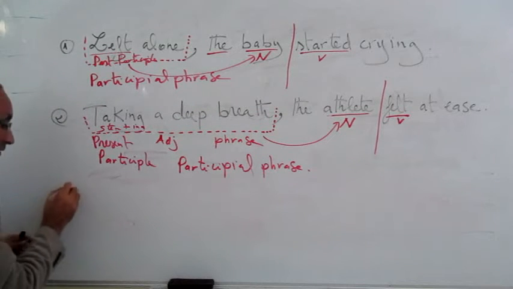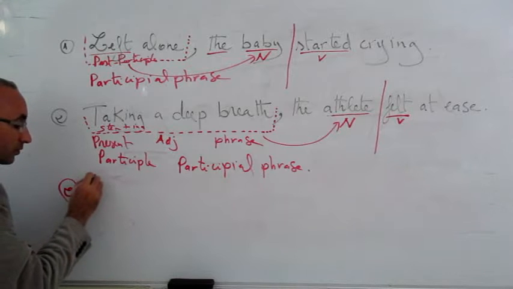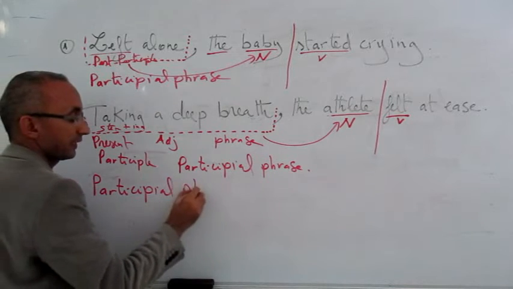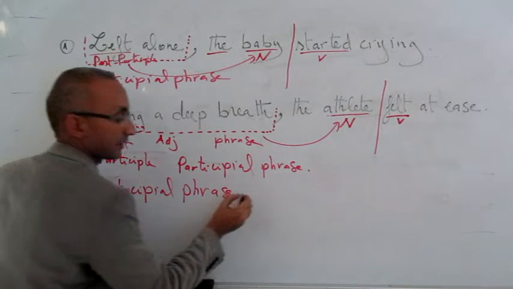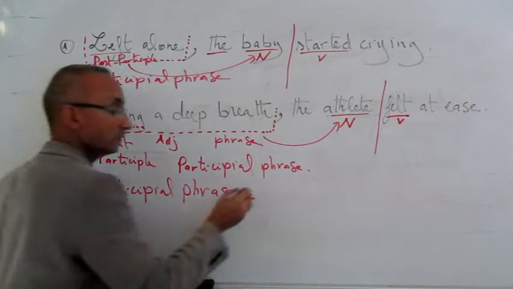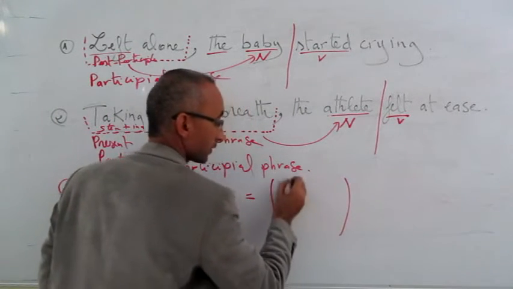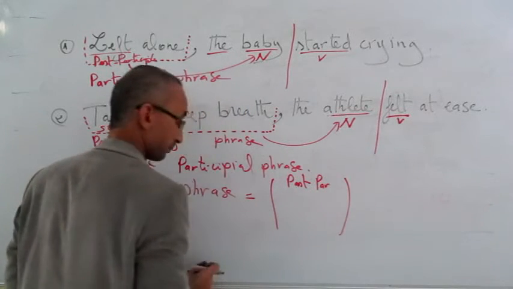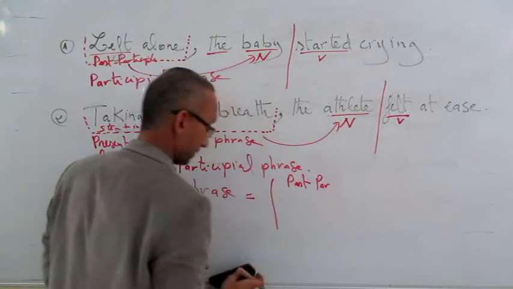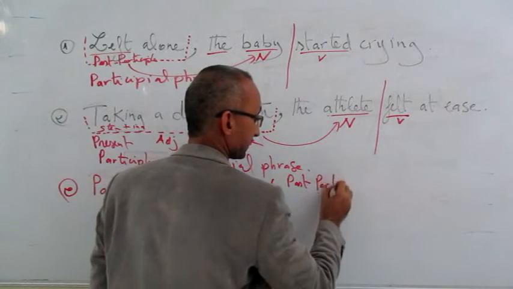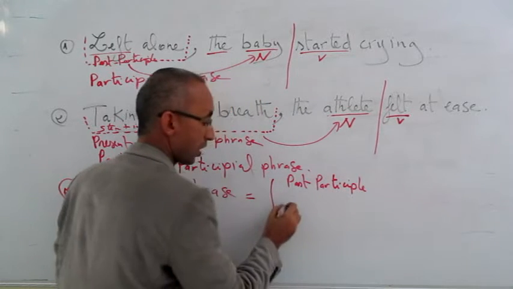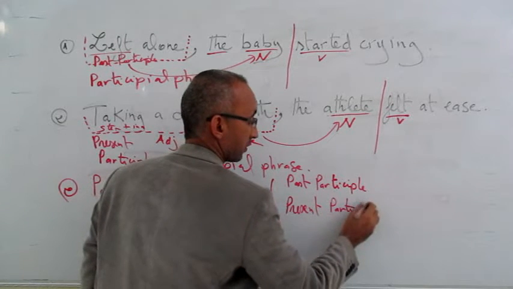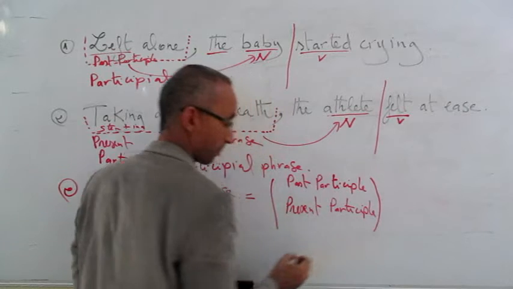So we write here, second type is called the participial phrase. Equals what? A past participle or present participle.